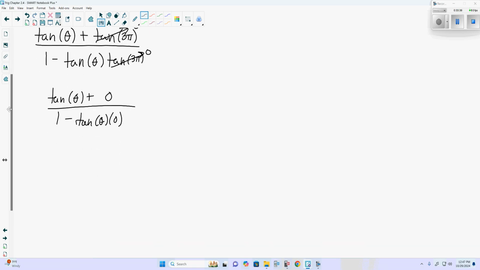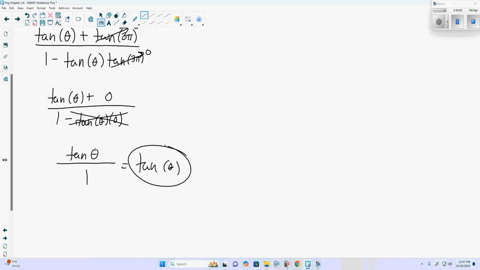So the numerator is just going to be tangent of theta. The denominator, that part is gone, leaving us with just 1, which is just tangent of theta. That's it. Questions on this here?